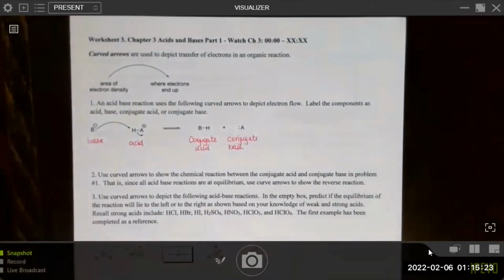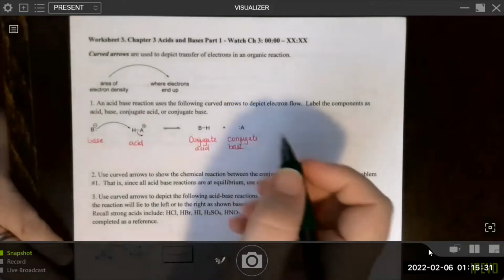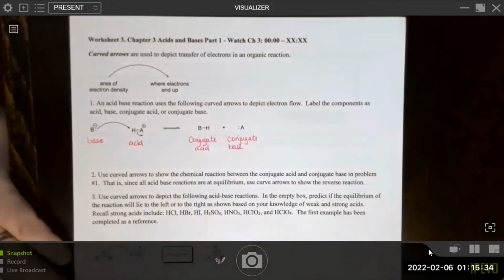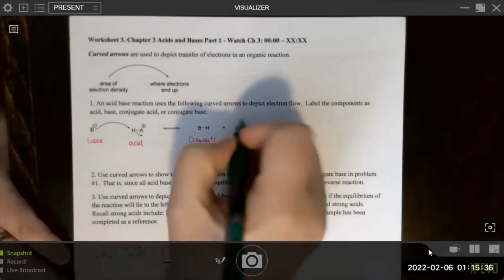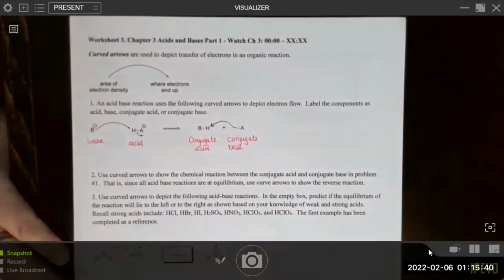And then question number 2 asks us to draw the curved arrows for the reverse reaction. So we should start on the base's lone pair, right, or its source of electrons. Point directly at the hydrogen atom to signify that it is going to form a sigma bond to that hydrogen atom.